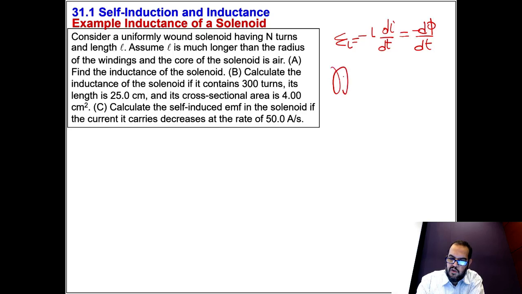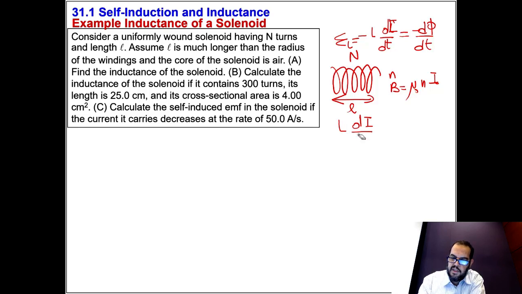So remember, if we have a solenoid of N turns and length L, so the number of turns per unit length is small n, we determined that the magnetic field is mu 0 n I. Let's use capital N I. Okay, so we can write that L di/dt.